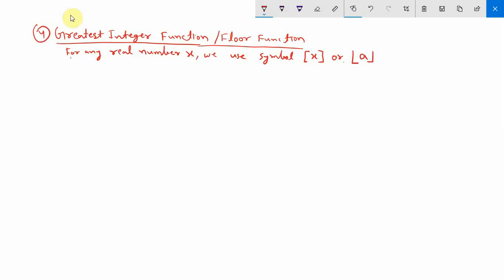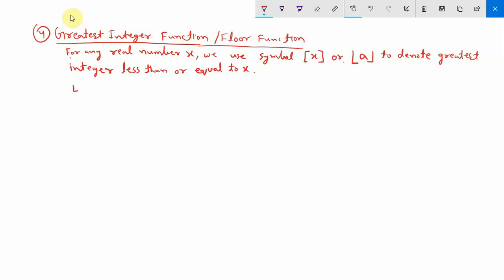Okay, this denotes the greatest integer function, to denote the greatest integer less than or equal to x. Okay, so as it is less than or equal to x and is the greatest integer.